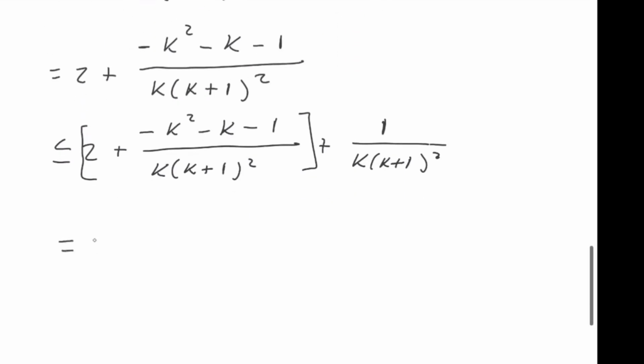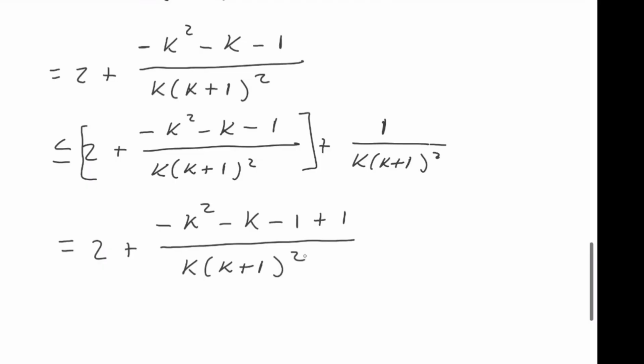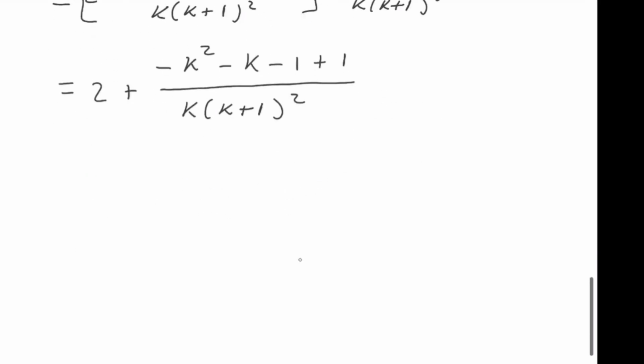This is equal to 2 plus negative k squared minus k, and then minus 1 plus 1 over k times k plus 1 squared. The 1's go away, and then I'm going to also factor out the negative.